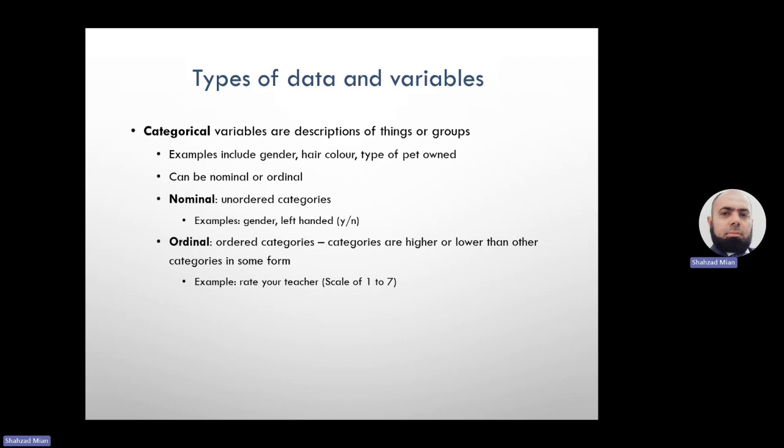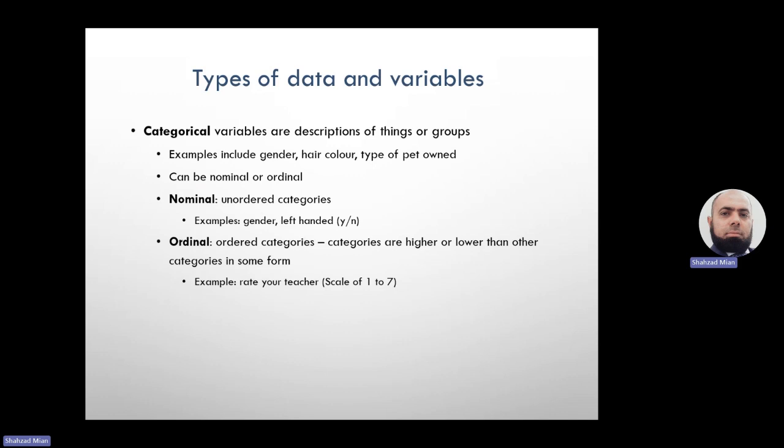Nominal means unordered categories, let's say gender, or left-handed, yes or no. On the other side, ordinal means ordered categories. These are higher or lower than other categories in some form. Let's say you are giving feedback, rating your teacher on a scale of 1 to 7 or 1 to 10. Those are ordinal values.